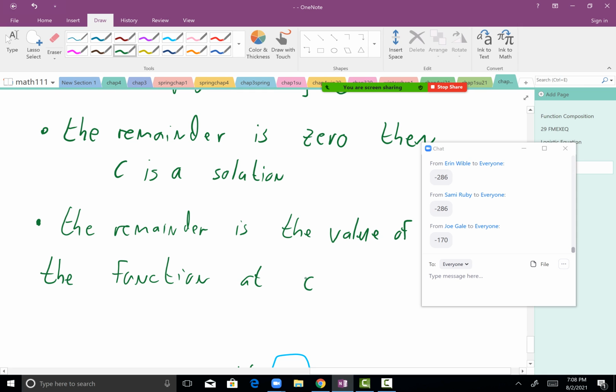I can't remember, sorry, who it was that asked me about the remainder. Now you know. So if the remainder is 0, you know it's a solution. If the remainder is 10, then you know what it is if you take f of whatever you divided it by. So that's the remainder theorem.